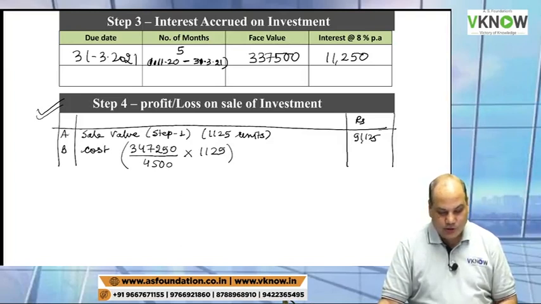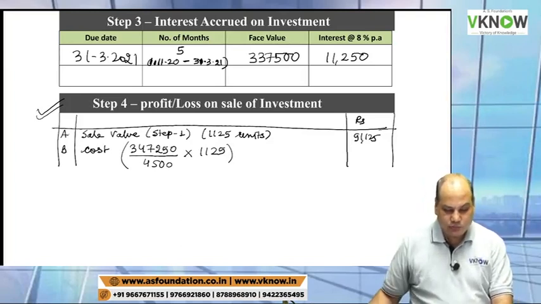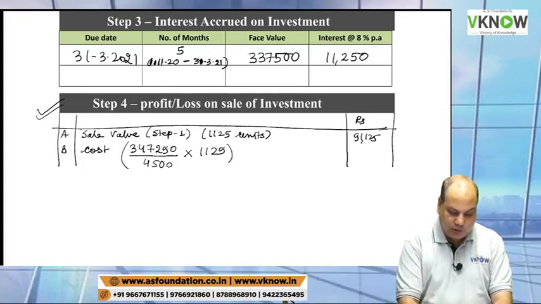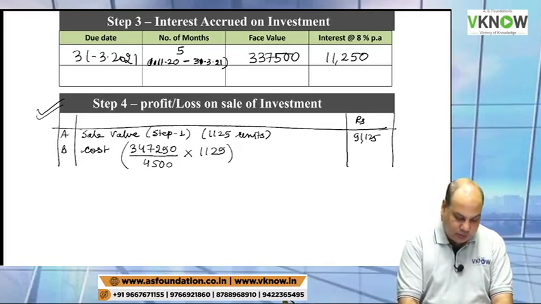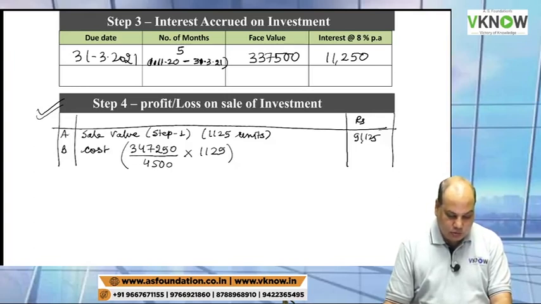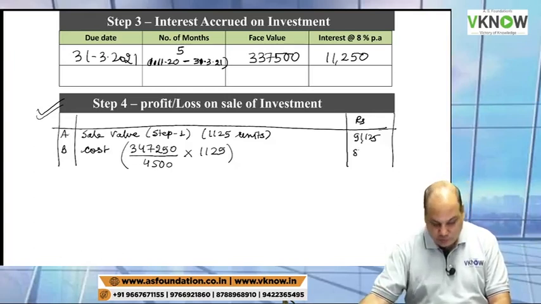So can you please guide me what is the proportionate cost here? 347,250 divided by 4500 gives cost per unit, into 1125. 86813 approximately.